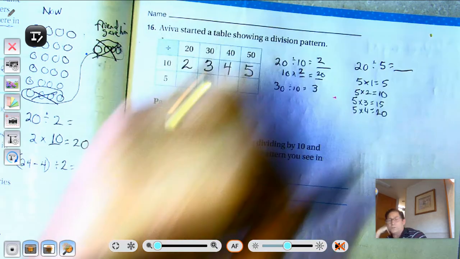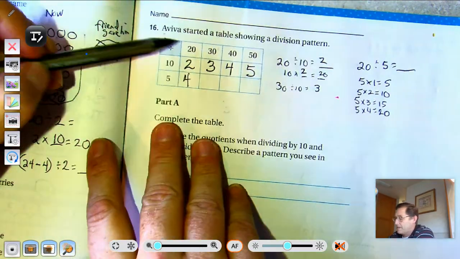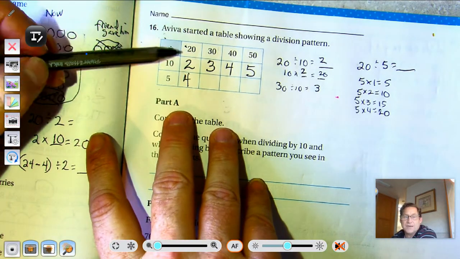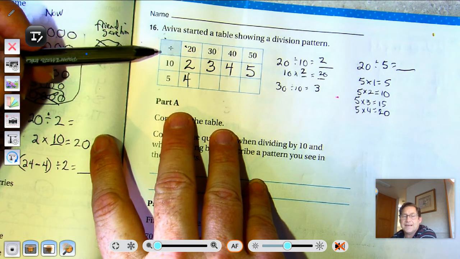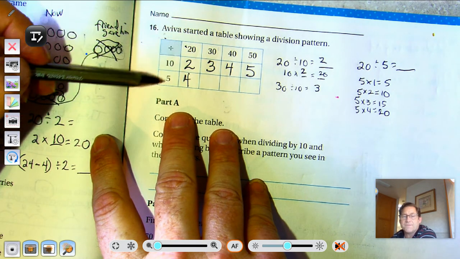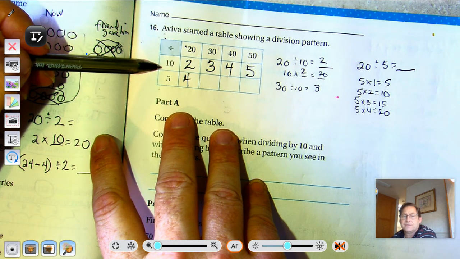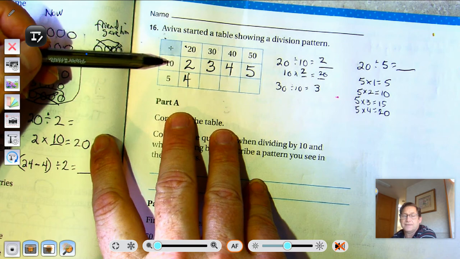And 5 times 4 is 20. Okay. Oh, so the quotient's twice as much when I divide by 5. I remember that. Remember when we divide by 10 and 5, that when you divide a number by 5 instead of by 10, the quotient will be twice as much as when I divided by 10.